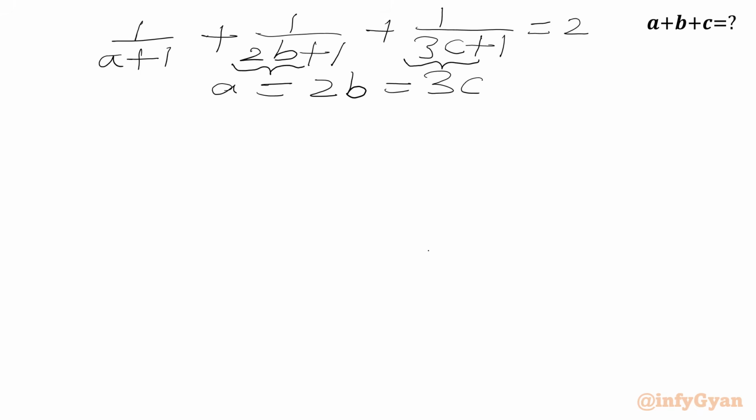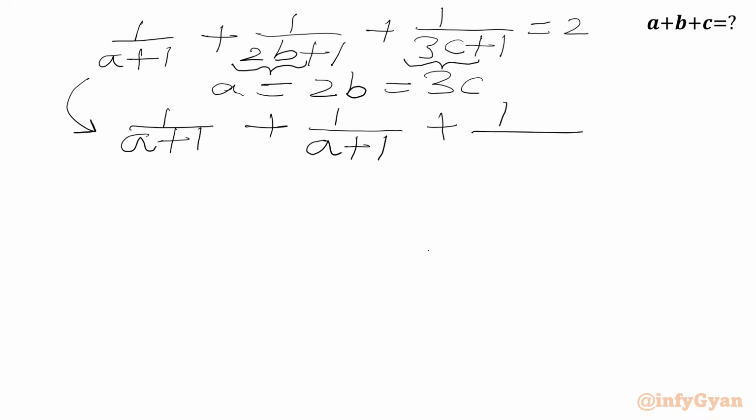In place of 2b, we can write a. So we will get the equation 1 over a plus 1 plus 1 over a plus 1 plus 1 over a plus 1 equal to 2. So we have 1 over a plus 1 three times. So we can write 3 over a plus 1 equal to 2.